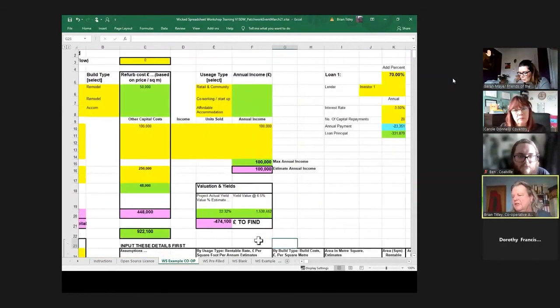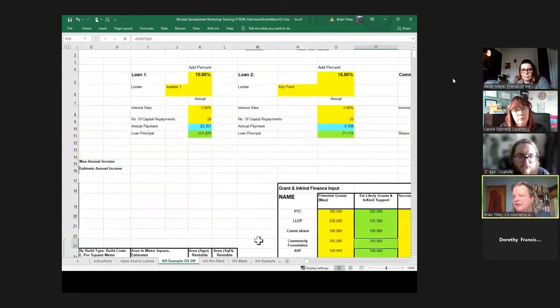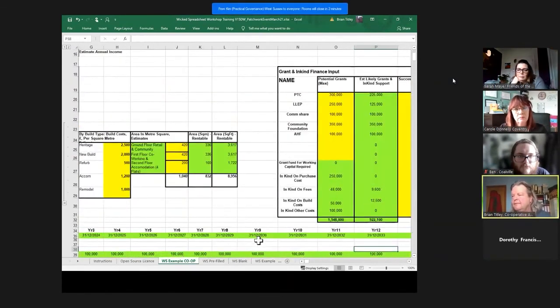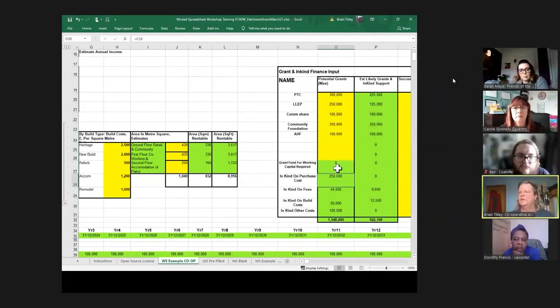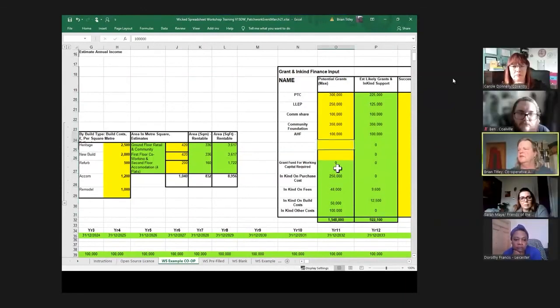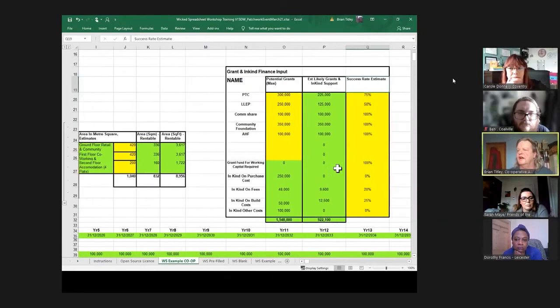Then we look at the grant income, and you can say, okay, so the grants. Just trying to remember what these are.